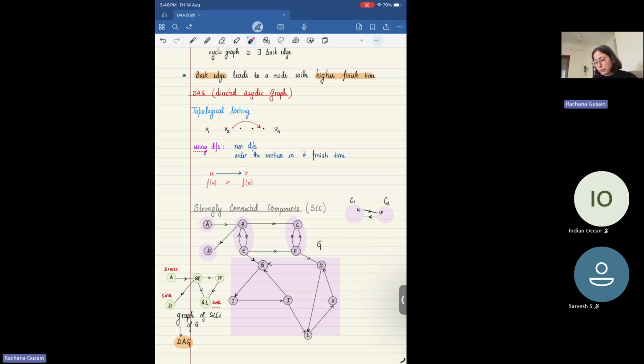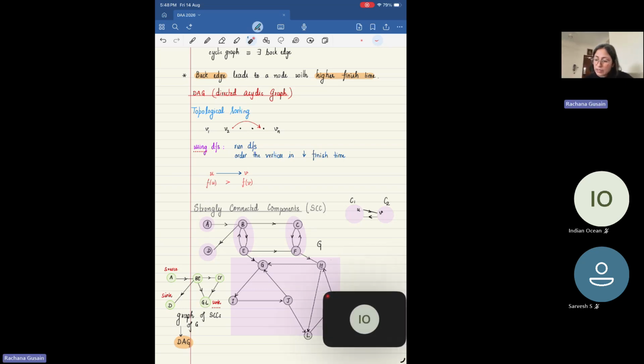Now, given this property about the graph of strongly connected components, that it is a DAG and therefore it will have source and sink vertices, let me ask you a simple question. Let's say I have a directed acyclic graph and I perform DFS on that. Then which node will correspond to the largest or the highest finish time, and which node will correspond to the smallest finish time?